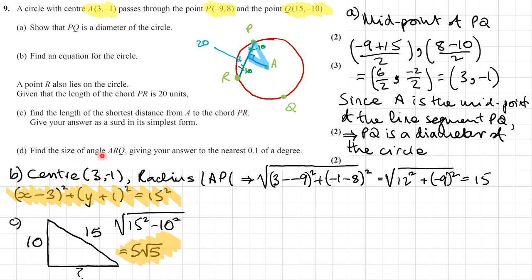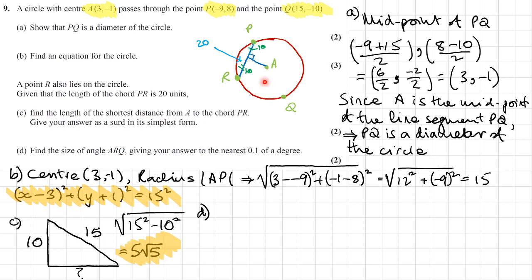Moving on to part D. In part D, what it says here is that we need to find the size of the angle ARQ, giving your answer to the nearest 0.1 of a degree. Okay, so let me take out the bits that we don't need.